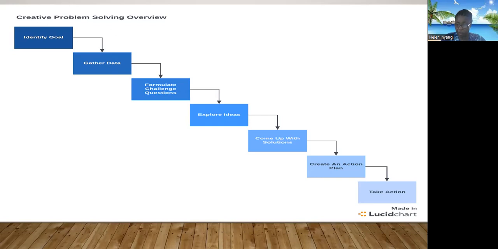The next thing you need to consider is formulation. You formulate challenging questions concerning the problems.